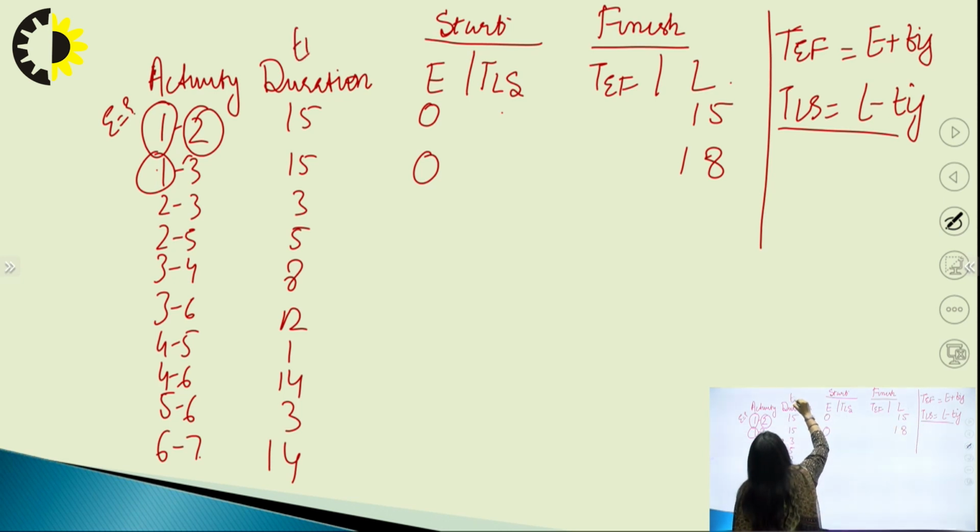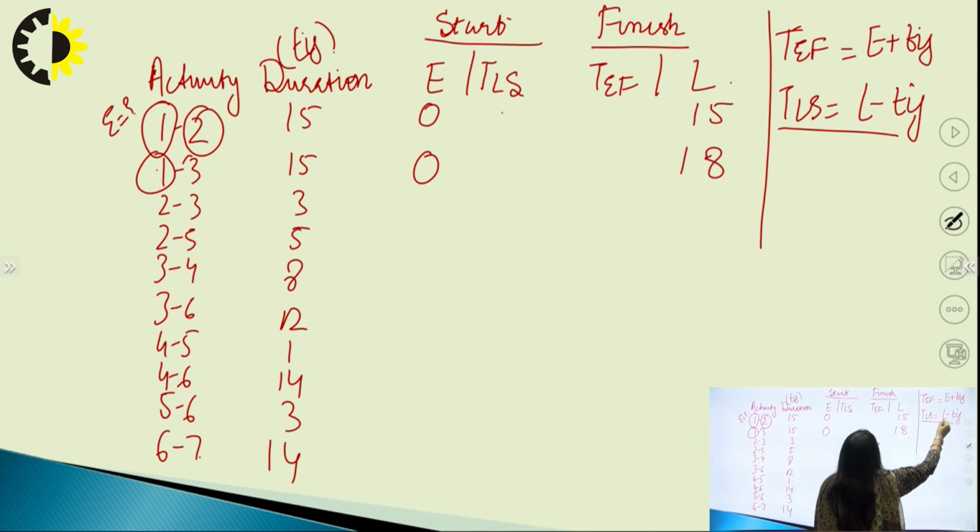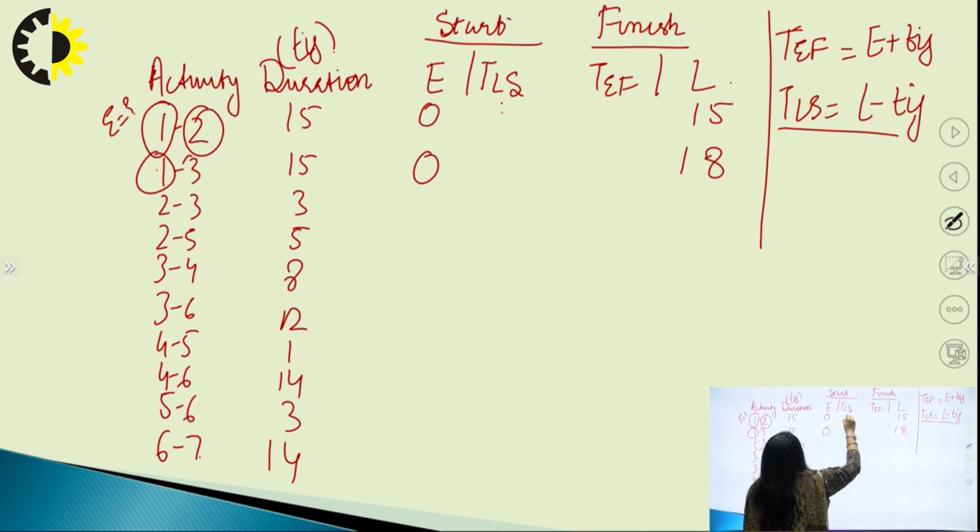This is also known as TIJ. So what is L over here? L is 15 minus 15, so TLS will be 0. What will be the value of TEF? That will be 0 plus TIJ, 15. Similarly, TLS will be 18 minus 15, 3, and E plus TIJ, 15.